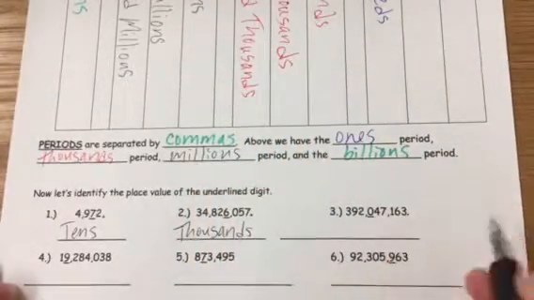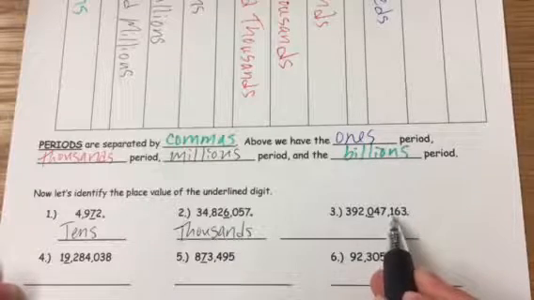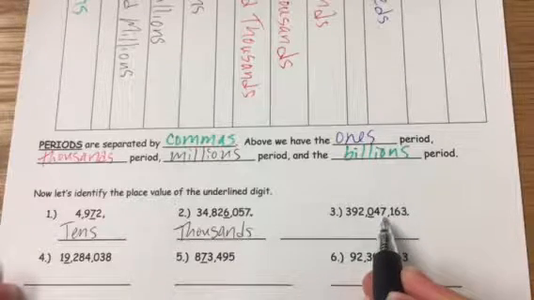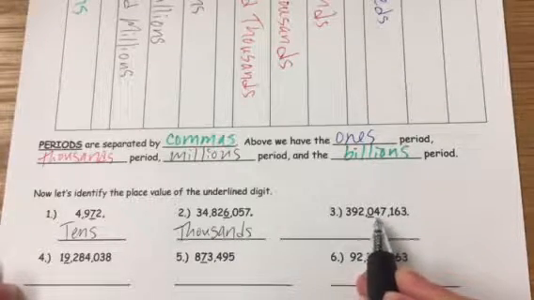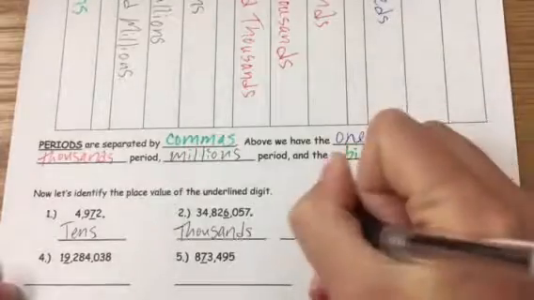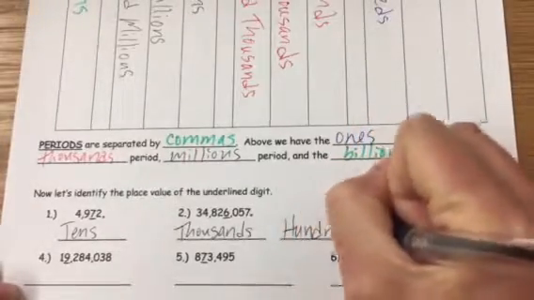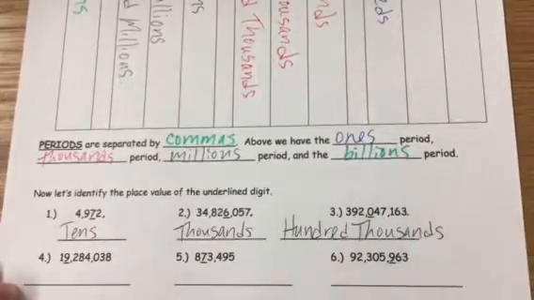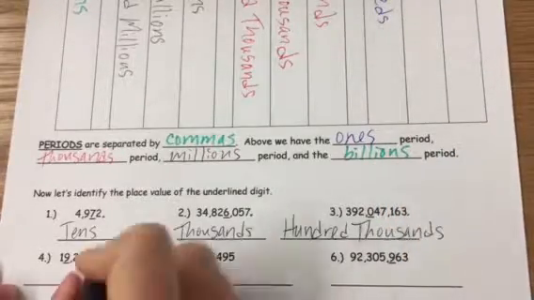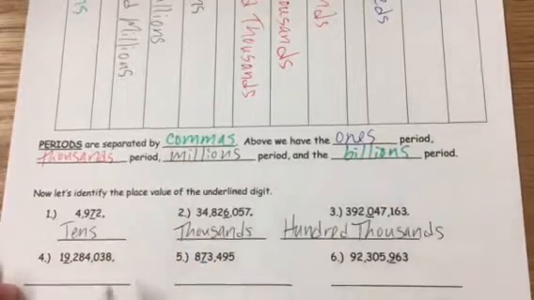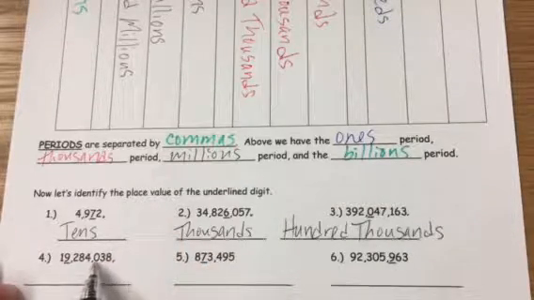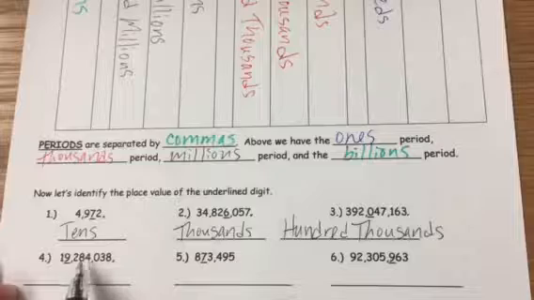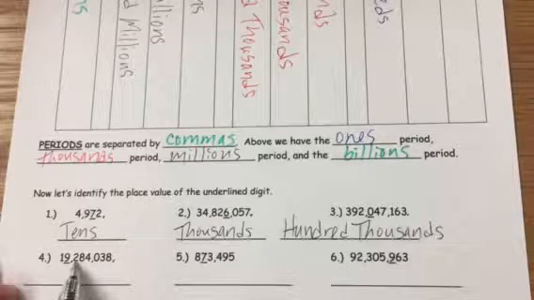Throw in a decimal. Ones, tens, hundreds. I've entered into the thousands period. So we've got thousands, 10,000s, 100,000s. Again, I'm going to throw in a decimal at the end. Ones, tens, hundreds, thousands, 10,000s, 100,000s.